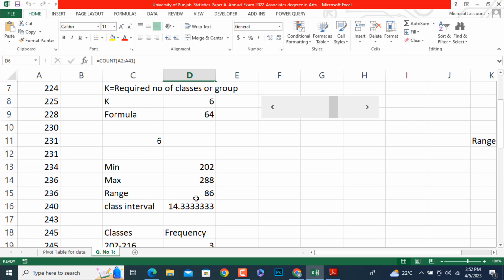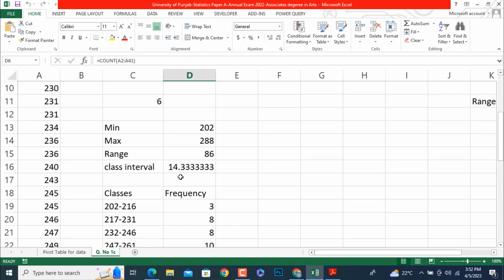Range is obtained by maximum minus minimum, 288 minus 202. Dividing the range by the required number of groups, k equal to 6, we get 14.33. It means we are getting a class interval of 15.